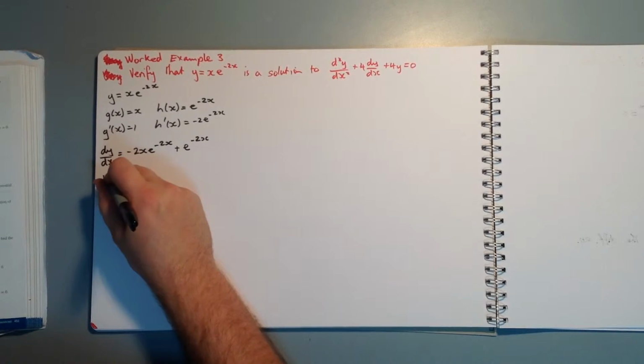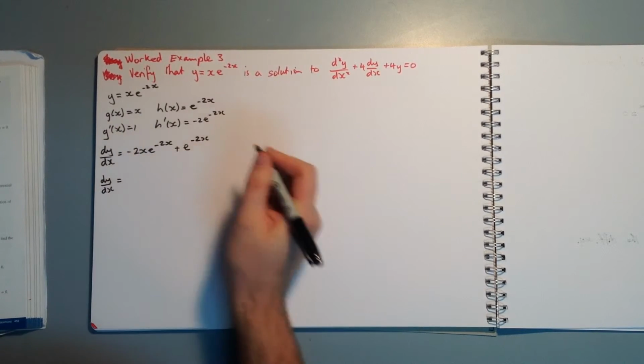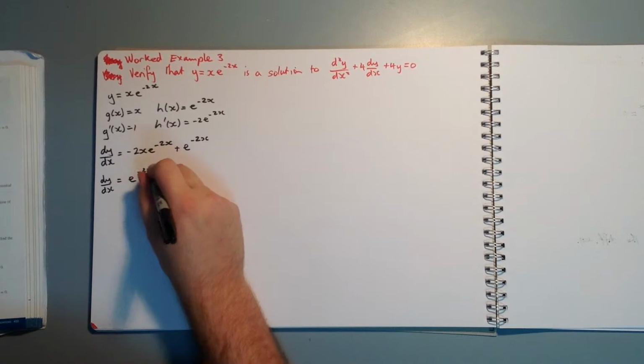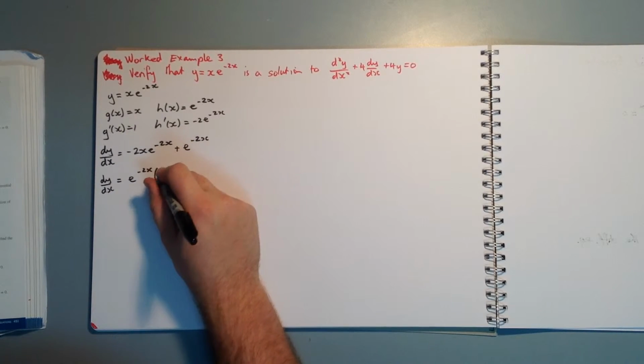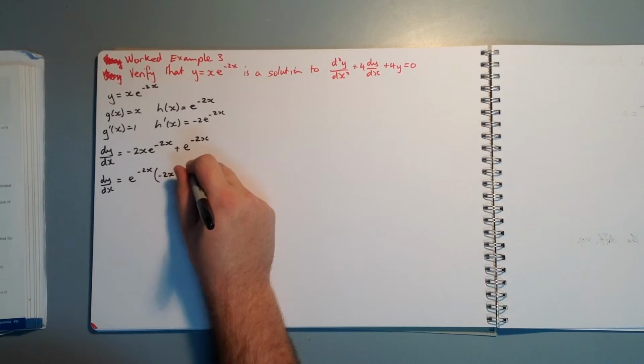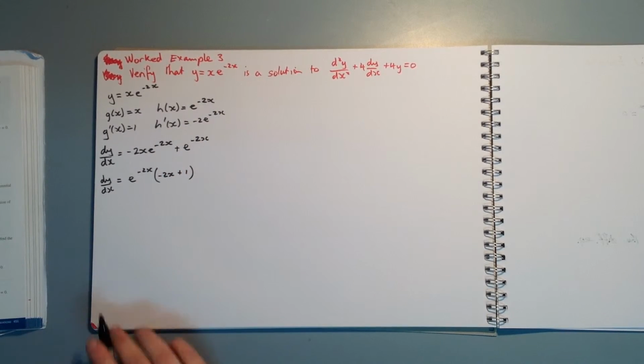Now we can make that look a little nicer by taking e to the negative 2x out. The reason this works better is we get something that's nice to find our second derivative for, because we can do our product rule again.